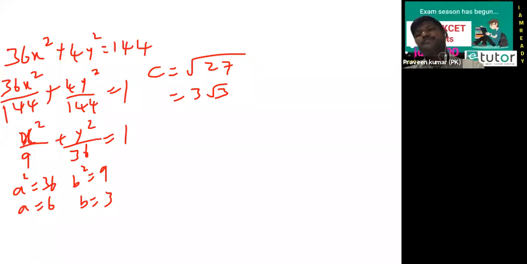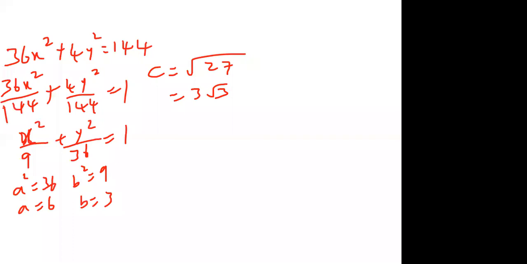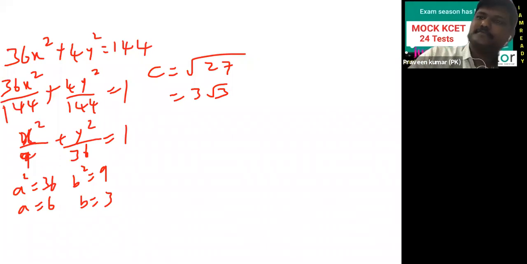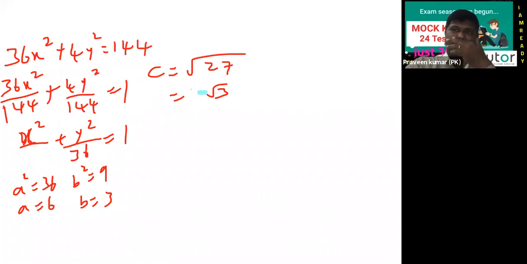What's your doubt, Vishnu? Sir, 36 into 4 is 144, sir. Correct only. What did it written 9? Oh, here I wrote 9. Correct. This is 4, correct.